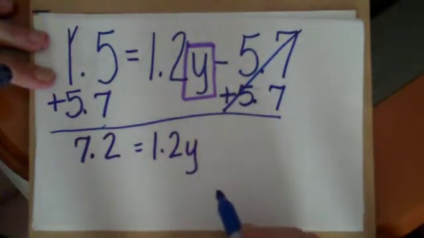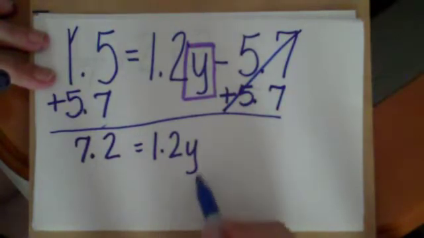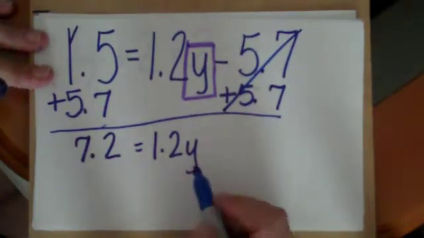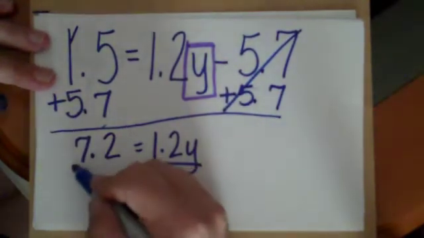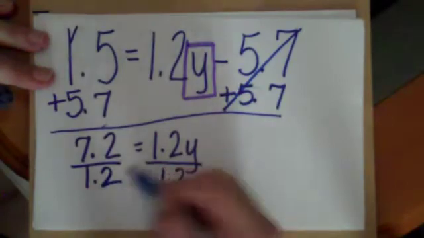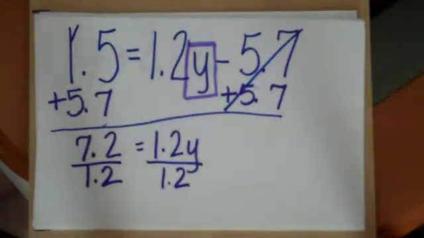Well, let's talk about what we're doing. We're still solving for y. Y is multiplied times 1.2. What's the inverse of multiply? Well, the inverse of multiply is divide. So if we do it to one side, we've got to do it to the other. Now, what is 1.2 divided by 1.2? Well, that's 1. And what is 1 times y?